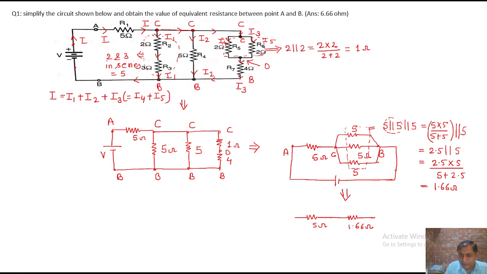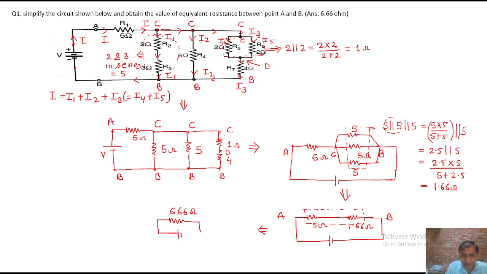Now this point is A, this point is B, and this is connected with the V volt supply. So this can be redrawn again. The overall resistance 5 and 1.66 are in series, which means 6.66 ohm, connected with the V volt supply.